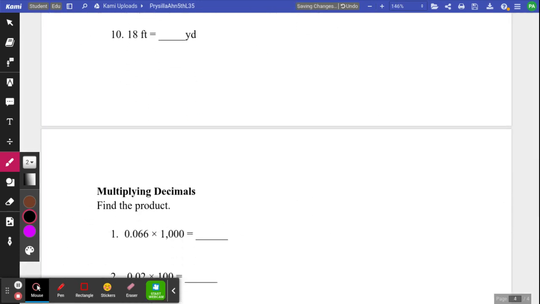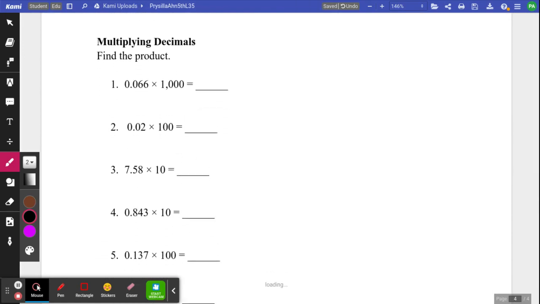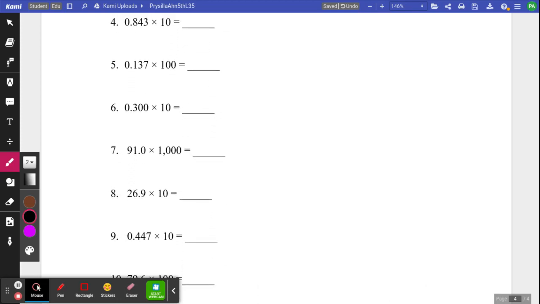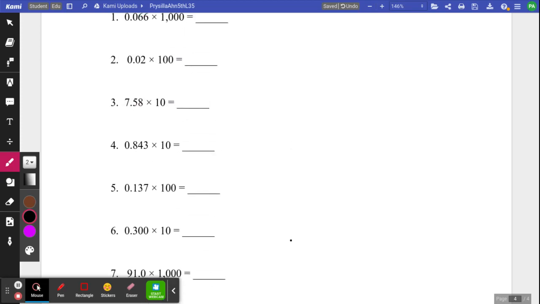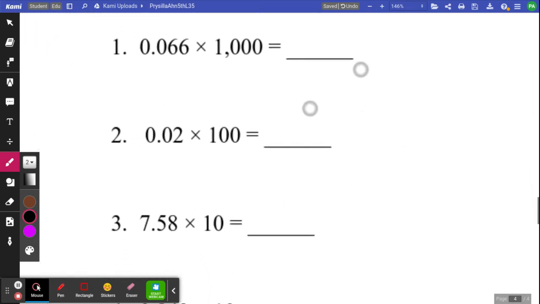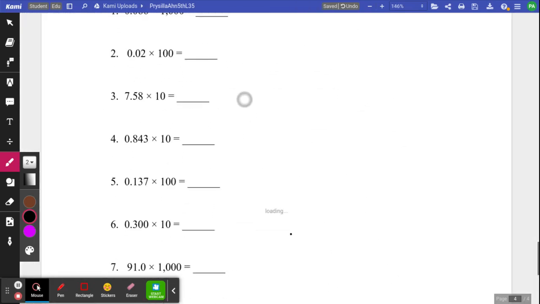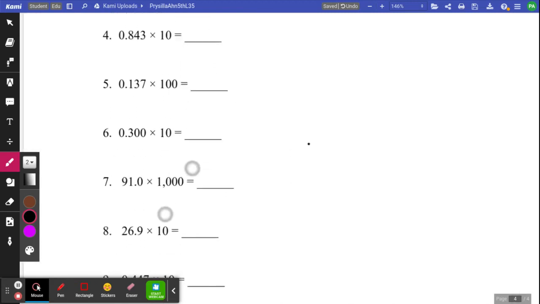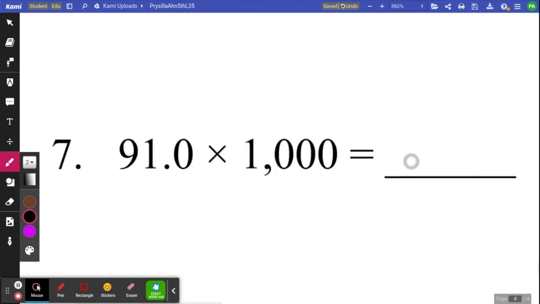And lastly, we will be doing multiplying decimals. So multiplying decimals, very easy. However, today's is a little bit more with bigger zeros, more zeros. So when you multiply decimals, let's look at number 7, for example. We see that there are 3 zeros.